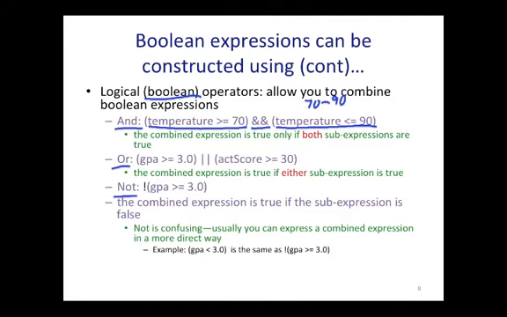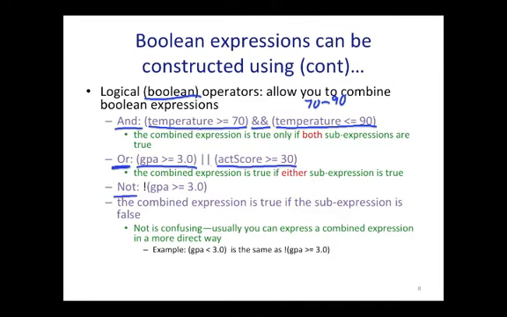Okay, or is more permissive. So and is saying that you got to satisfy multiple conditions, or is the opposite. It's more permissive. It says it's going to be true if either sub-expression is true. So here, let's say you could get into the engineering college if either your GPA was greater than or equal to 3 or your ACT score was greater than or equal to 30.